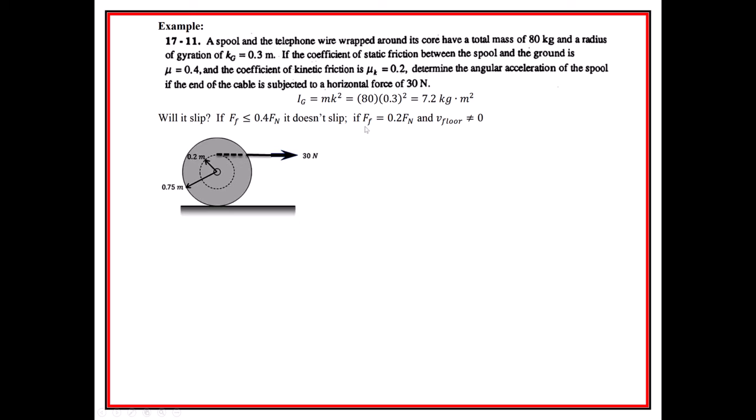If so, it won't slip. If it does slip, the friction is the kinetic coefficient, 0.2, times the normal force. And if that happens, then the velocity of the floor point does not equal 0, so this is not an instantaneous center.